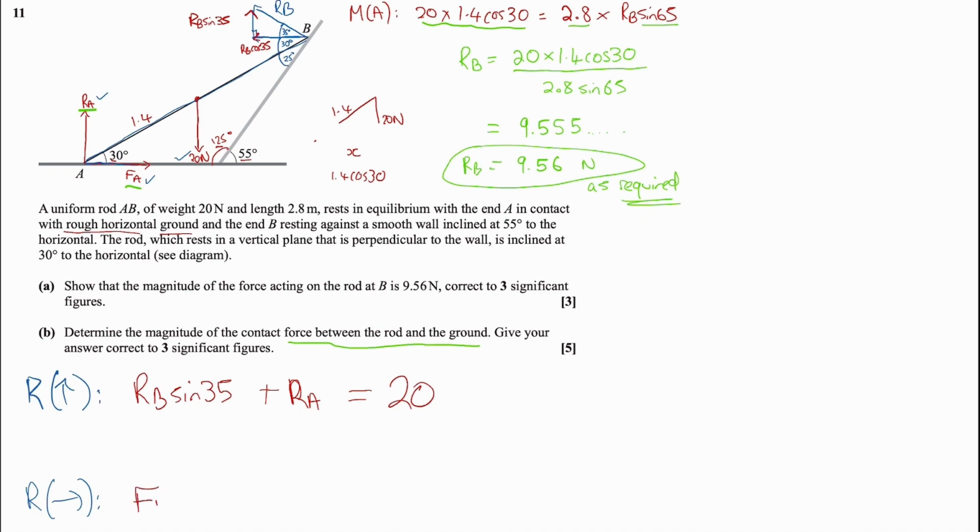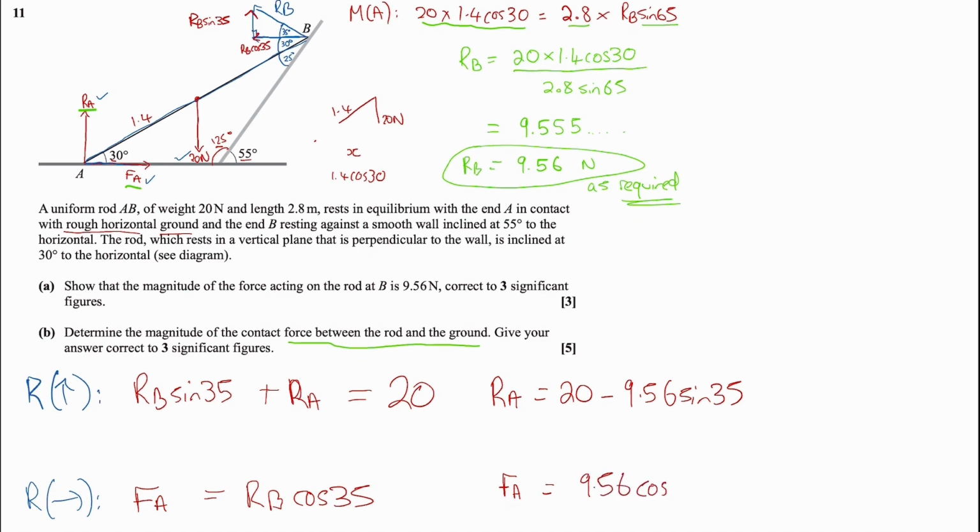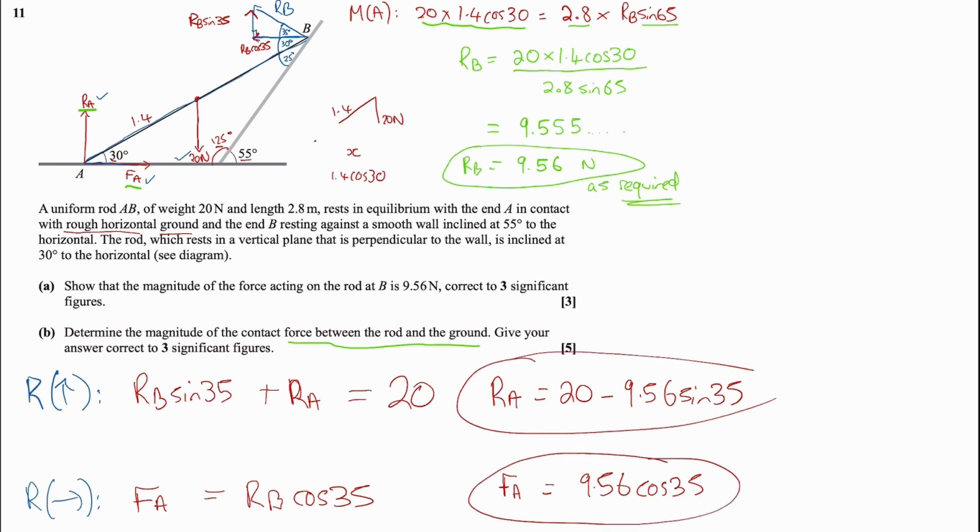We've got FA acting to the right, and we've got RB cos 35 acting to the left. So from here we get RA is 20 minus 9.56 sine 35, because that's what RB was. And here we've got FA equals 9.56 cos 35. Good, so we've worked out RA and FA.